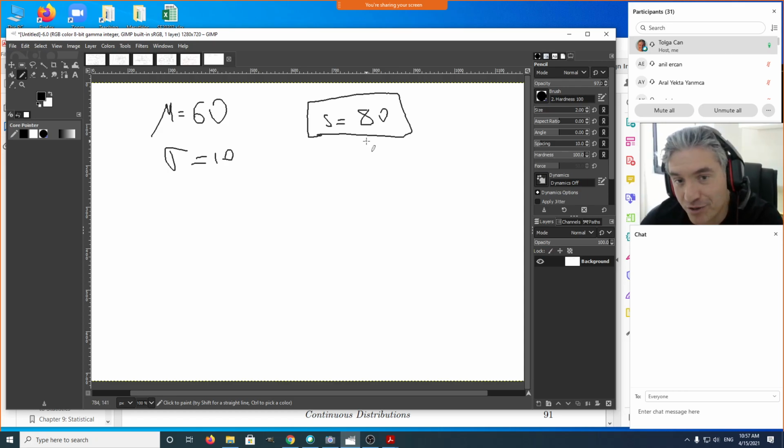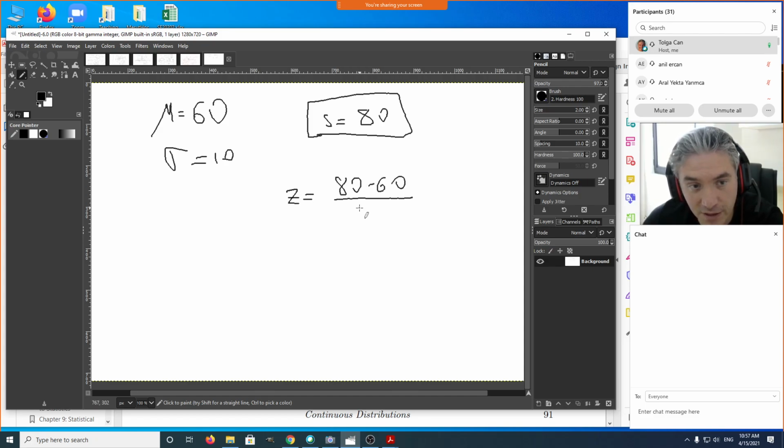We actually measure it by what is called a standardized score, which is also sometimes called the z-score, a lowercase z, which tells you how many standard deviations it is away from the mean.